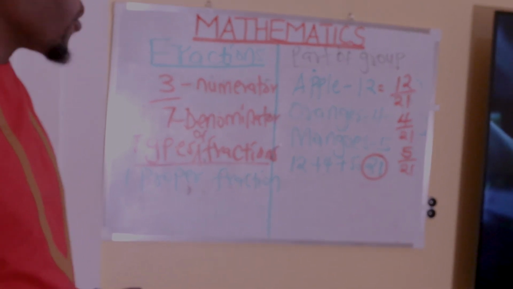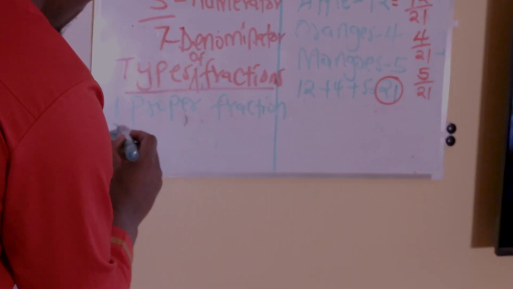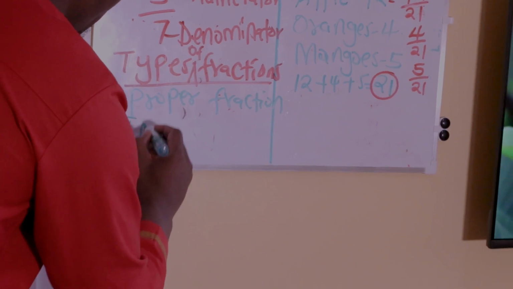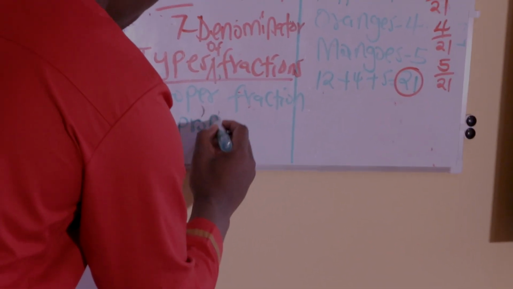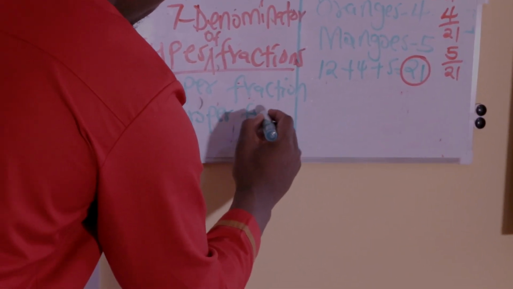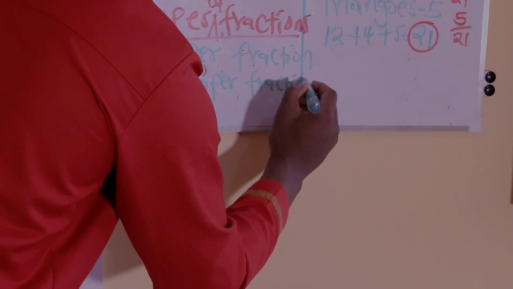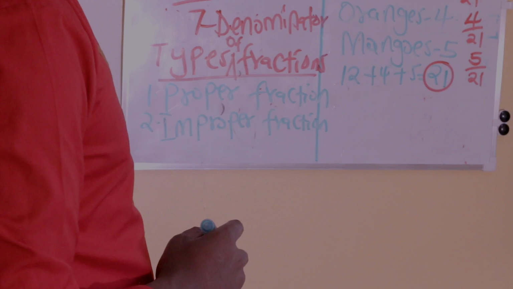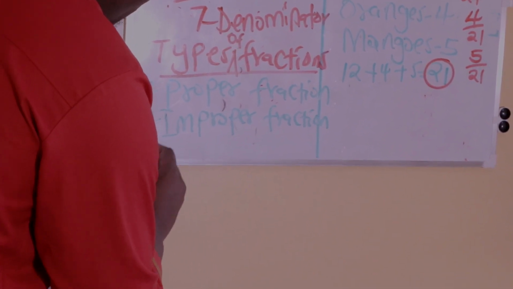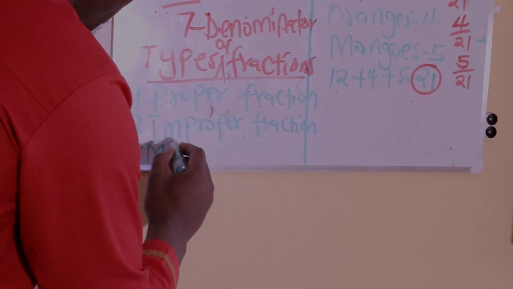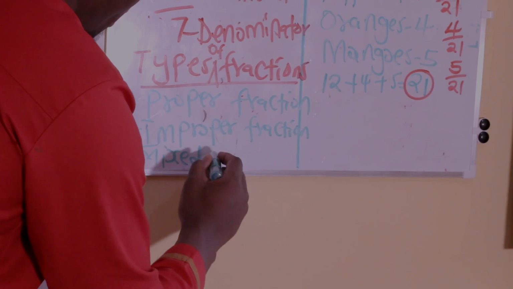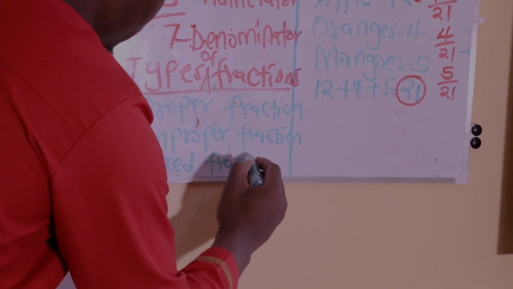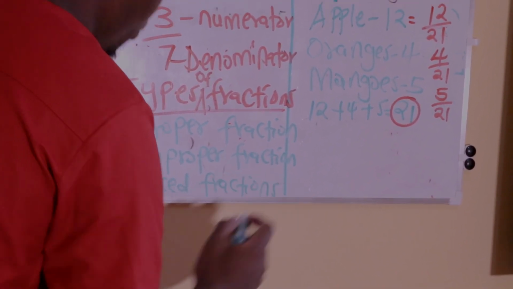Another type of fraction is called improper fraction. The last type of fraction is called mixed fraction. Those are the types of fractions you need to know.